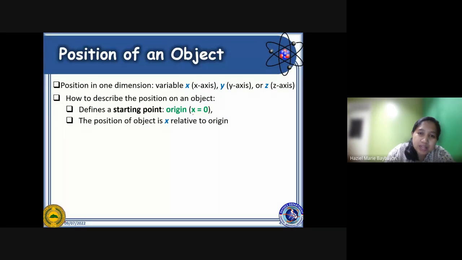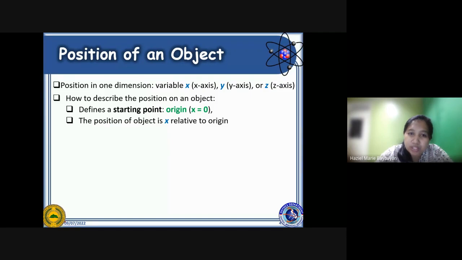So, at that point, your y is equal to 0. Okay? And then, we will then define motion relative to the origin. So, say for example, motion paubos ato nga point kay negative, motion pataas ato nga point kay positive.